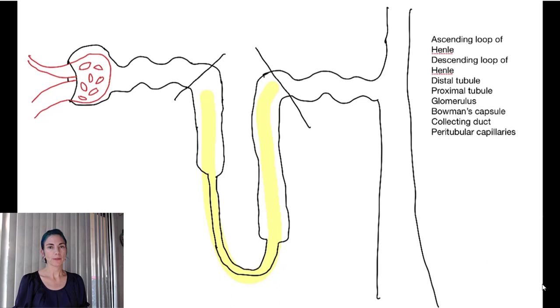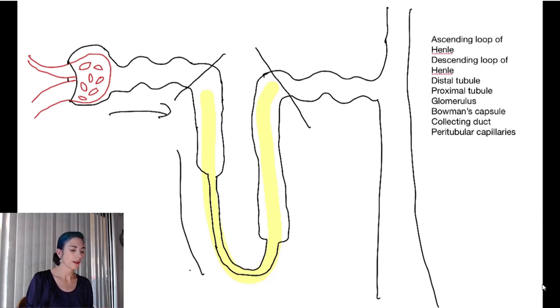So which one is which? Well, you know that to descend means to go down, and to ascend means to come up. So if we understand which direction fluid moves, then we should know which one is down and which one is up. So fluid is going to be moving in this direction through the nephron.